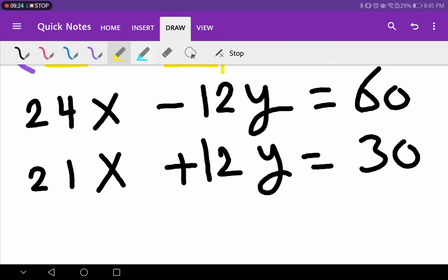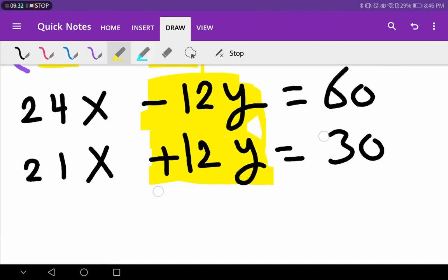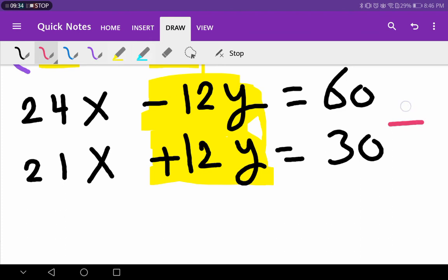As you see here, I have plus 12y and minus 12y, and this will be gone after I add those two equations. So each time I'm just adding, not subtracting. Why?